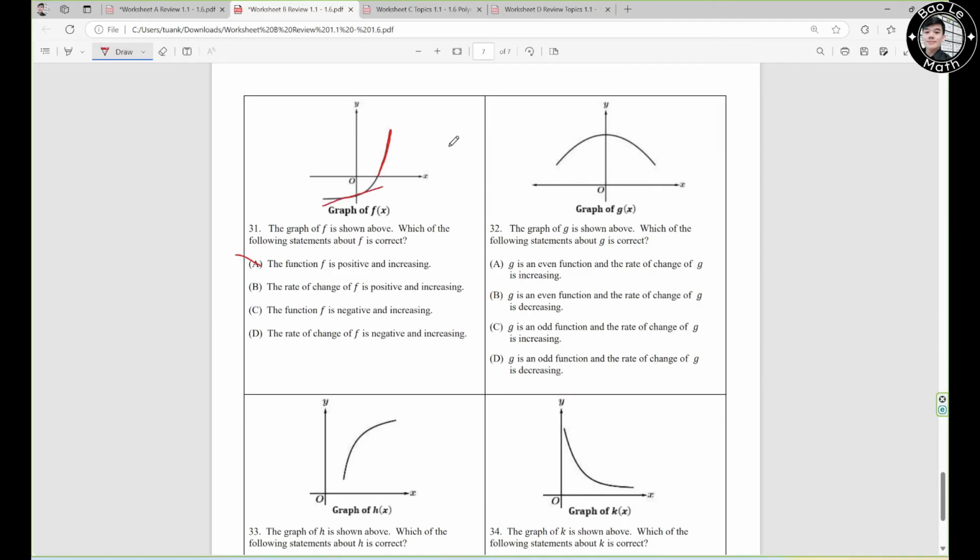You see that if the tangent line is going this way, the slope is positive. And if the slope is positive, the rate of change is positive. Right? And if the rate of change is positive, the function is increasing. Right? So this is true. Now the function is increasing, so the answer must be B.